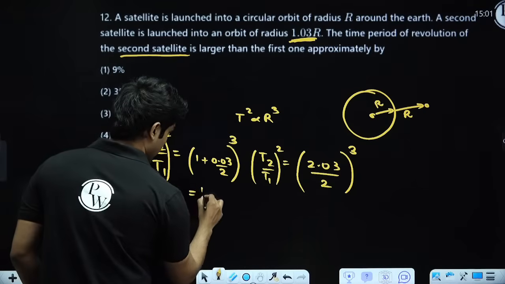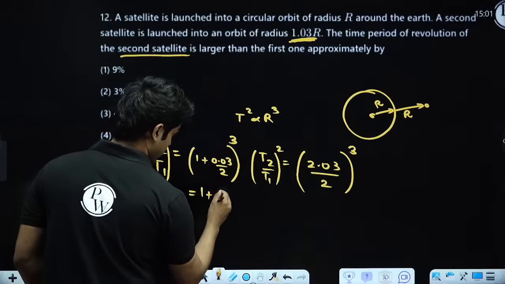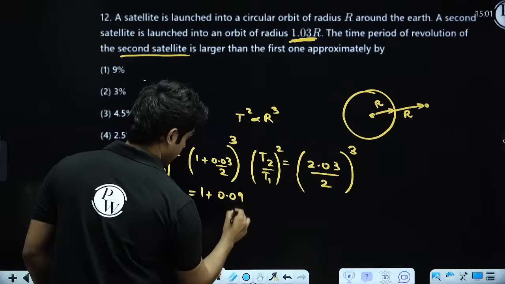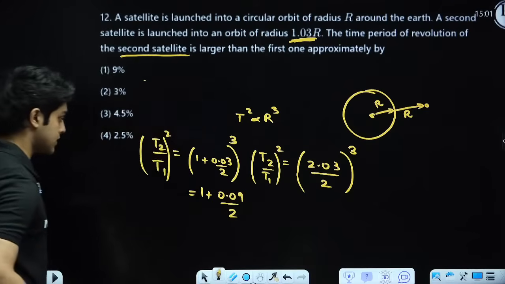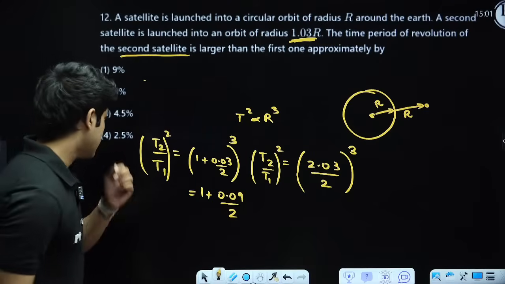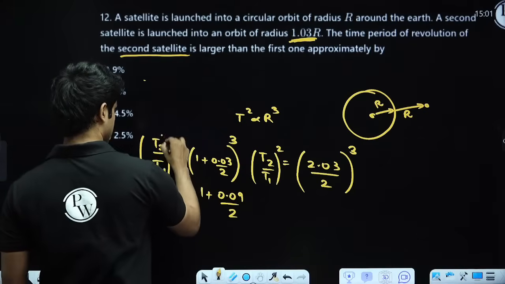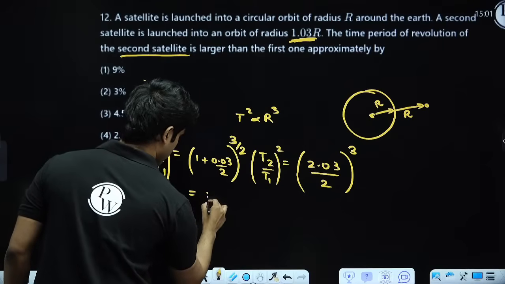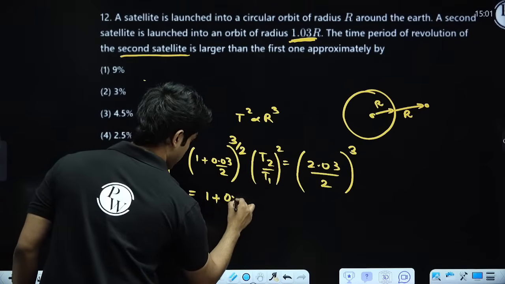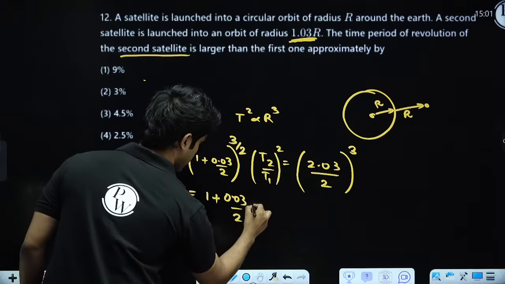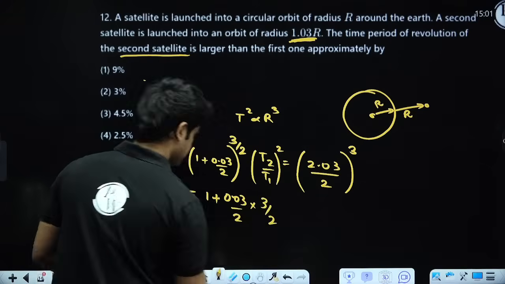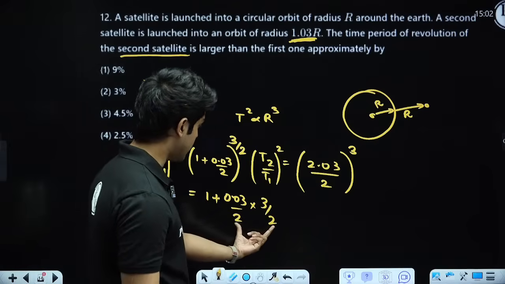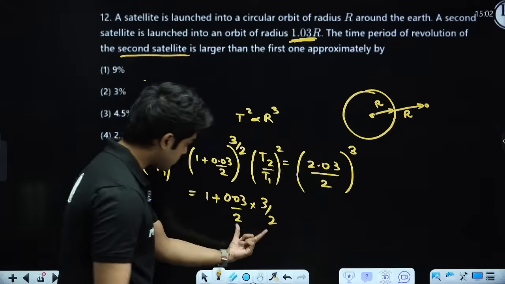So this becomes 1 plus nx approximately. Actually, we should have taken the square root as well. So this would become 1 plus 0.03 divided by 2 times 3 by 2. So this is the extra part, right? What is this? 3 3s are 9.